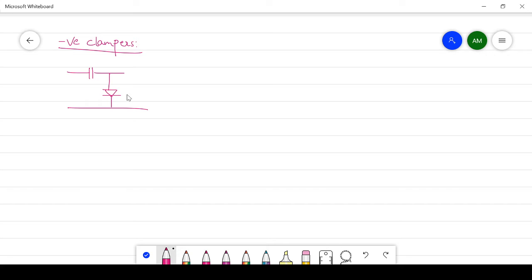Diode and capacitor. This is the input signal, Vm to minus Vm.